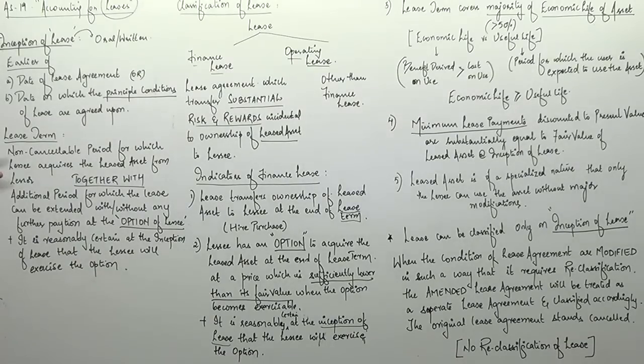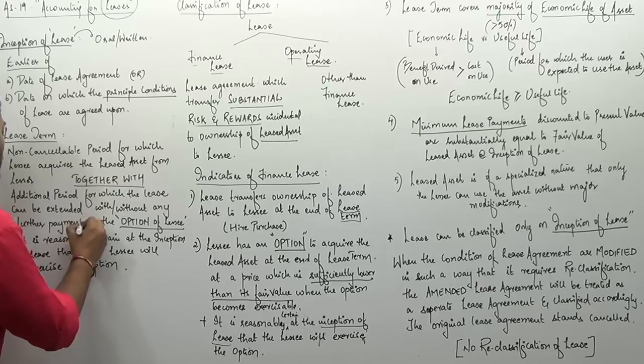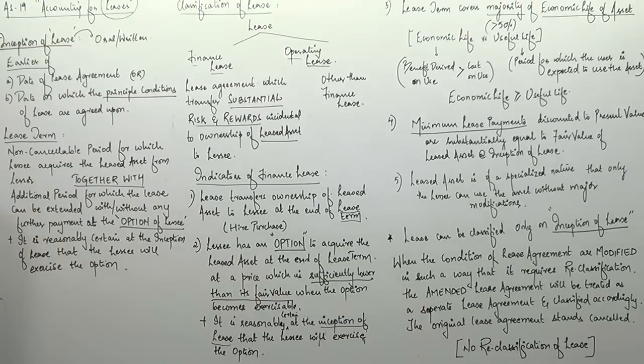So lease period is a non-cancellable period for which the lessee acquires a right to use the leased asset from the lessor, together with, meaning plus, the additional period for which the lease can be extended with or without any further payment at the option of lessee.